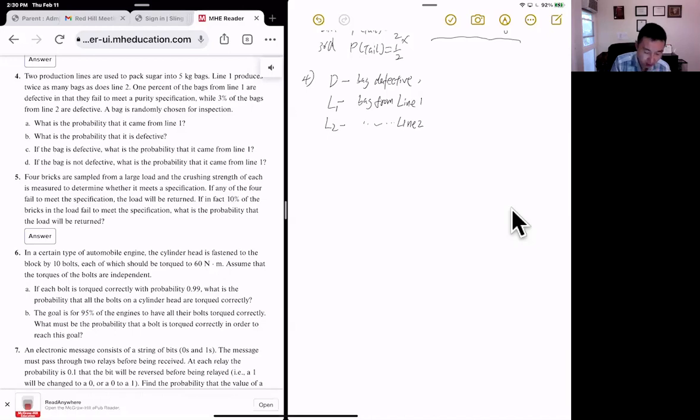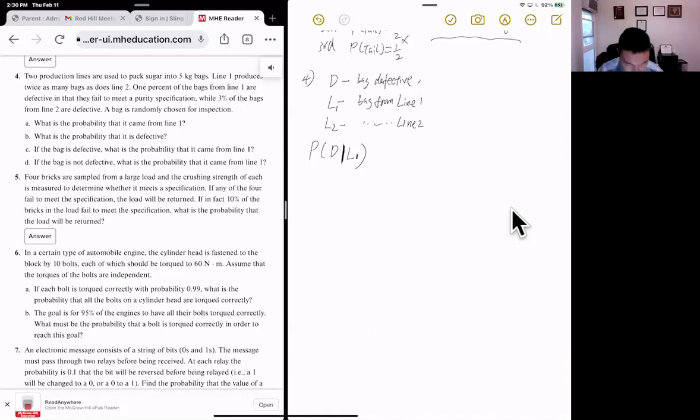1% of bags from line 1 are defective. That means the probability the bag is defective when it is coming from line 1. So that is given. Again, this straight line means given, conditional. Under the condition that it comes from line 1, the defective percentage is 1%.